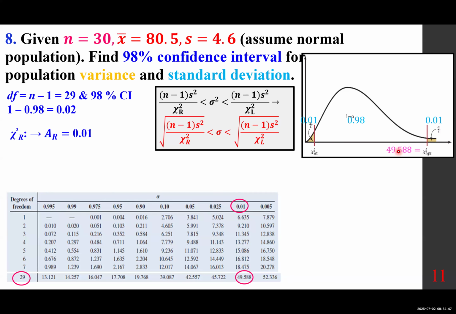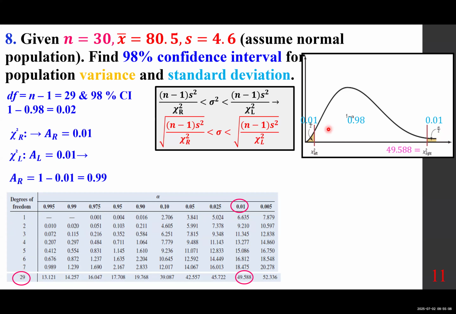Now, for chi-squared of the left, the area to the left is 0.01, but you need the area to the right, which is 1 minus that, which is 0.99. You need the same degrees of freedom, but you need the area to the right.